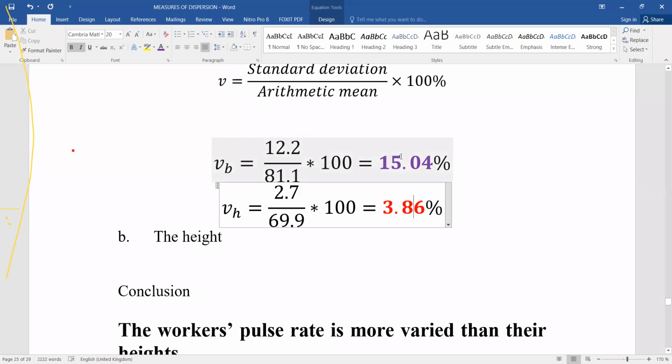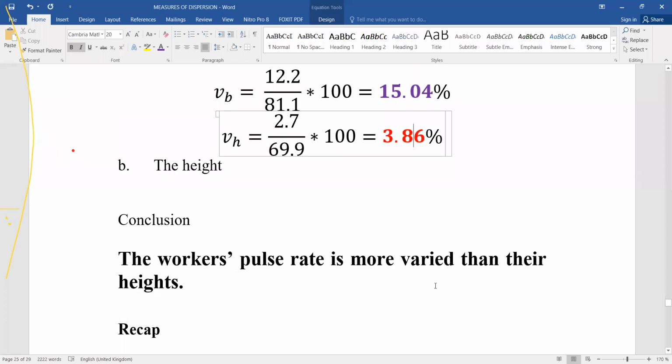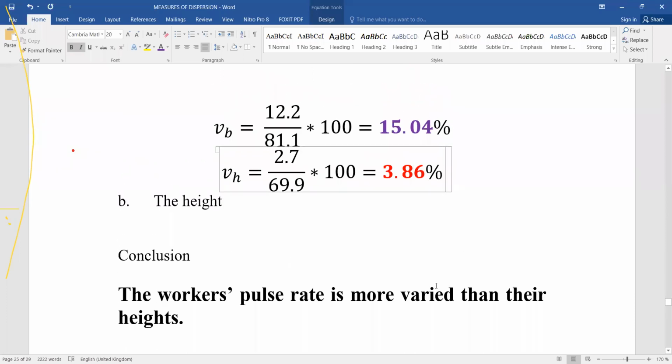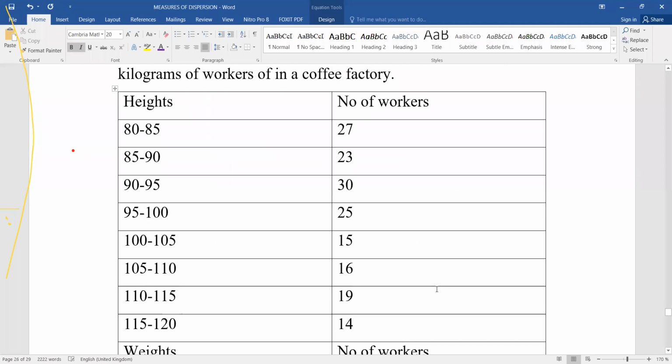So 3.86 is smaller compared to 15.04. So 15.04 is more heterogeneous. It is more dispersed compared to the height. The height is more uniform and more homogeneous. So the workers' pulse rate is more varied than their heights. More varied is the same as more dispersed.